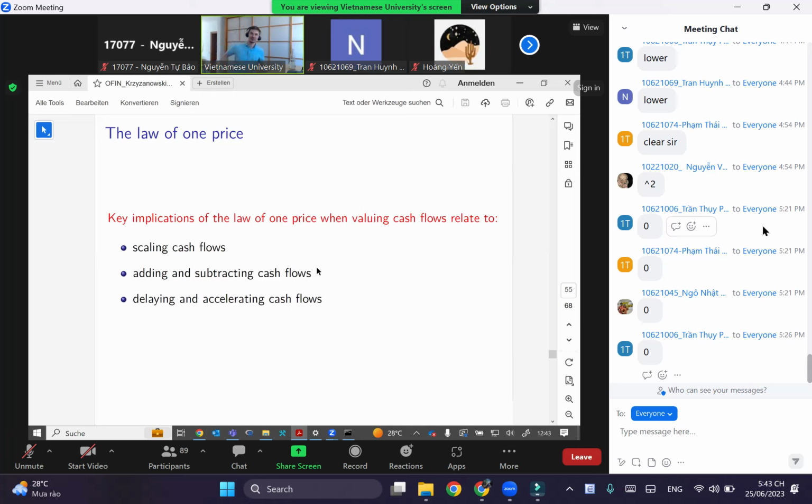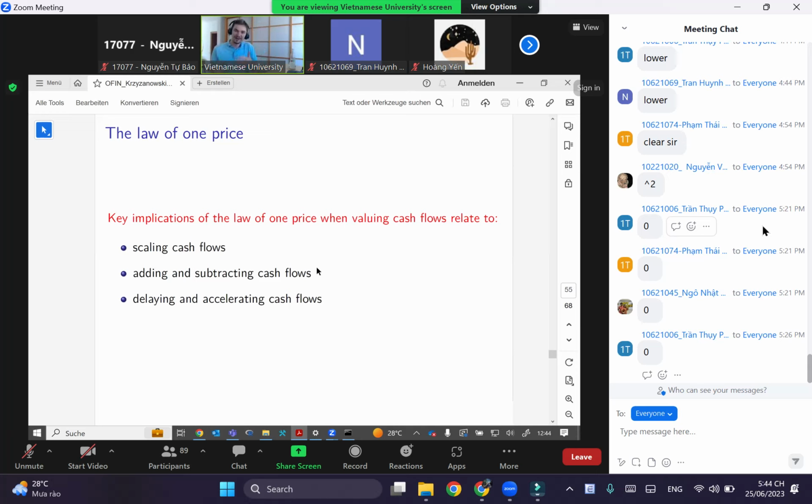Then according to the law of one price, what have we learned today? Like getting 10 versus getting 10 tomorrow. In the very beginning of today's lecture, we said we need to take into account interest rates, right? So how much is the 10, which numerically is the same amount? 10 today, 10 tomorrow, numerically it looks the same. However, this one period difference needs to be accounted for.